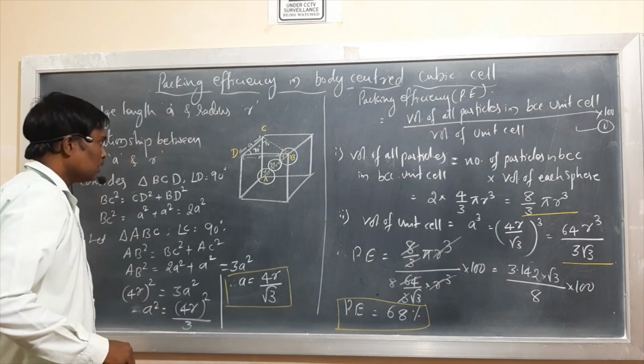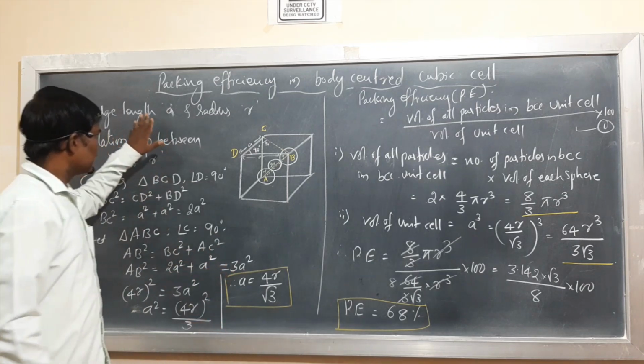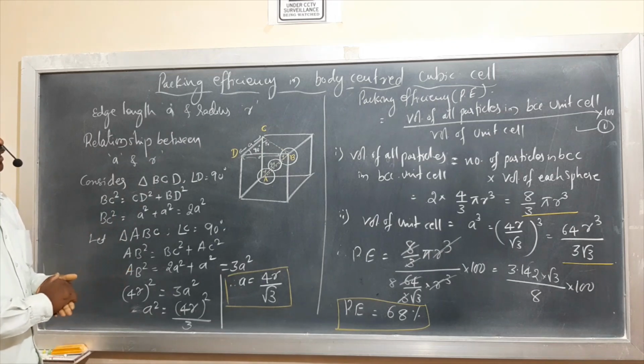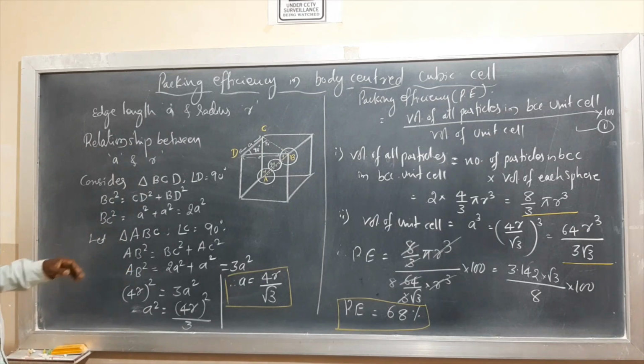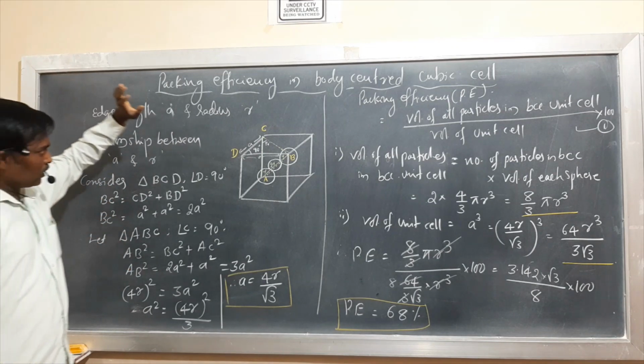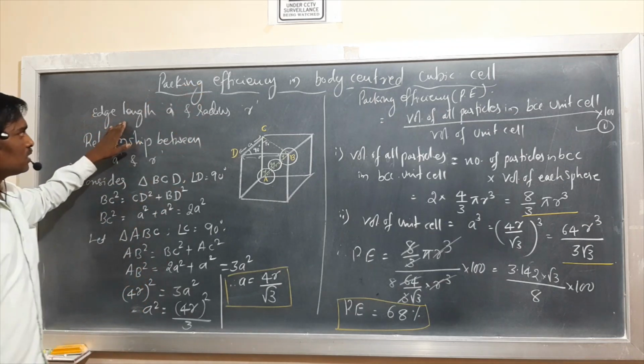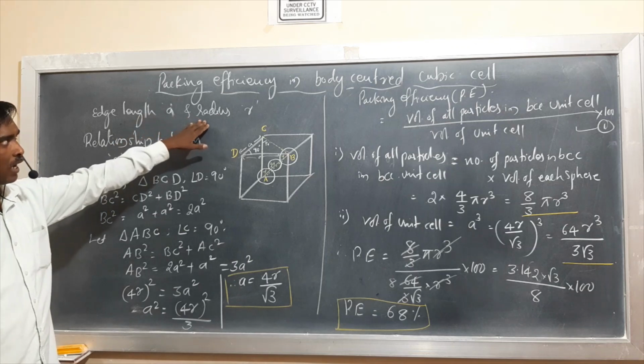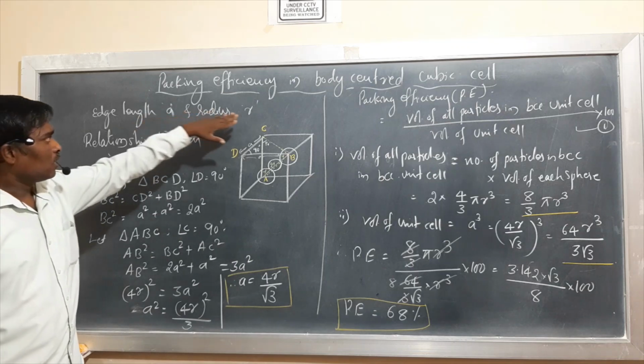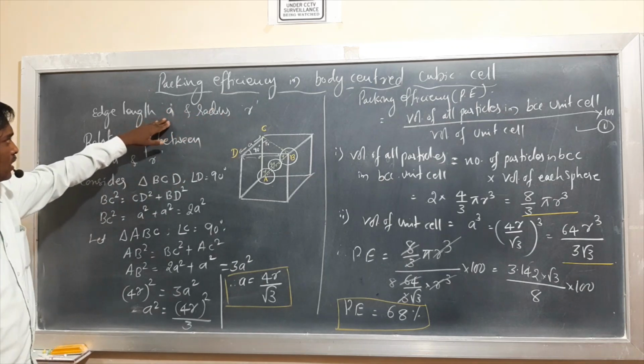Let me again revise this. The packing efficiency in a BCC unit cell: to calculate it, first consider the radius of an atom as r and the edge length of the unit cell as a.